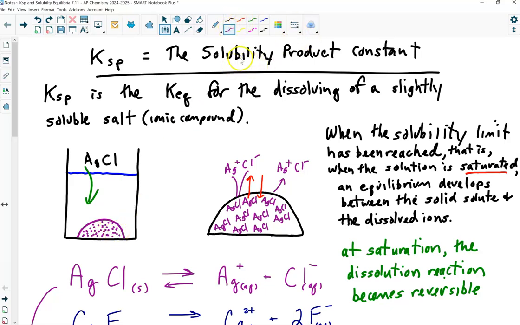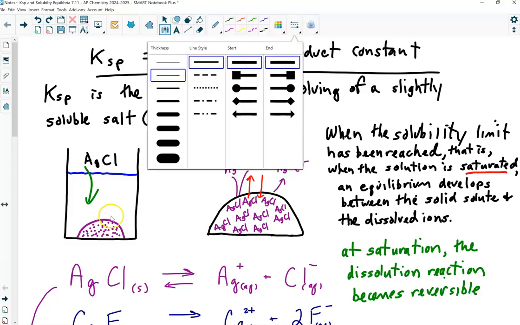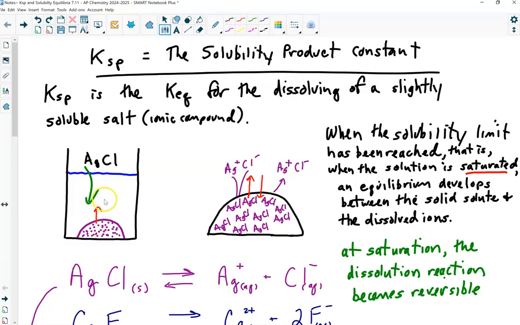You will get a little bit of dissolving here. So you're going to get some silver ion and some chloride ion. But very soon, because this isn't very soluble, you're going to reach the solubility limit. And you're going to end up with what we call a saturated solution.